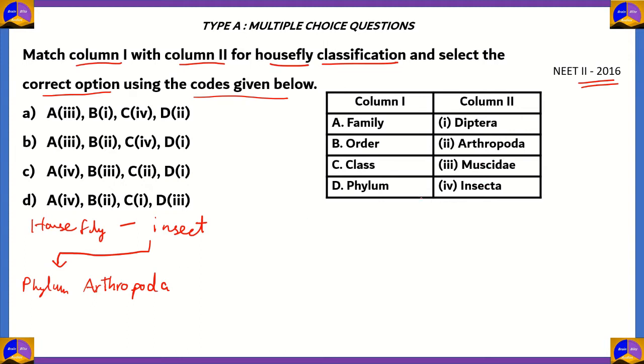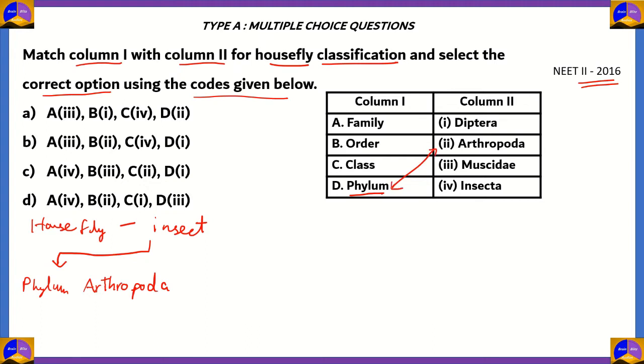So, since housefly is an insect, it has to be present in phylum Arthropoda. So that means we can easily associate phylum, that is D, with Arthropoda, that's 2.